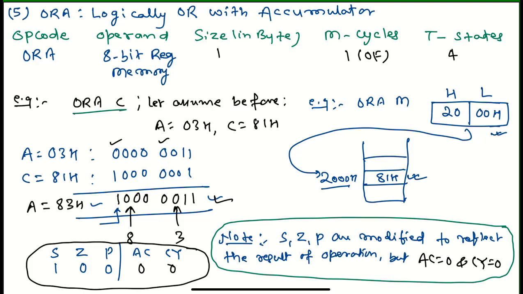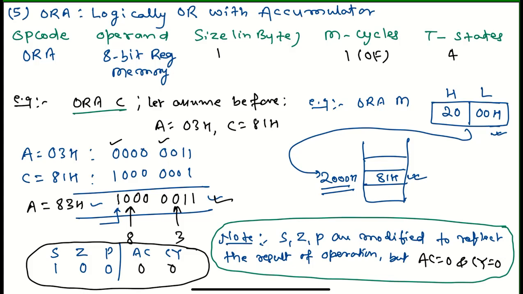So even after execution of this instruction, if you check the data at 2000H, you will find the same 81H. It is just copying, it is not cutting the data. Copying means 81H data is copied from memory to processor, and that operation is called a memory read operation.